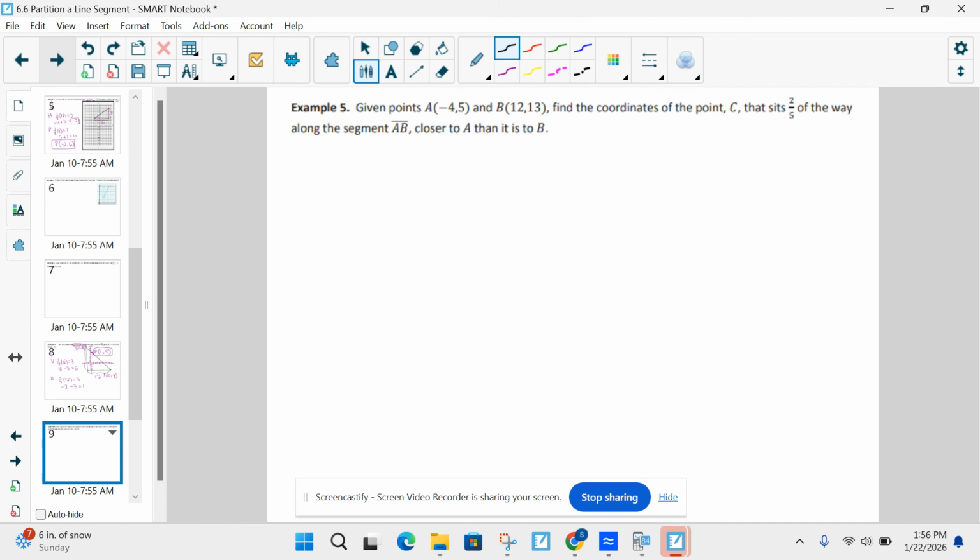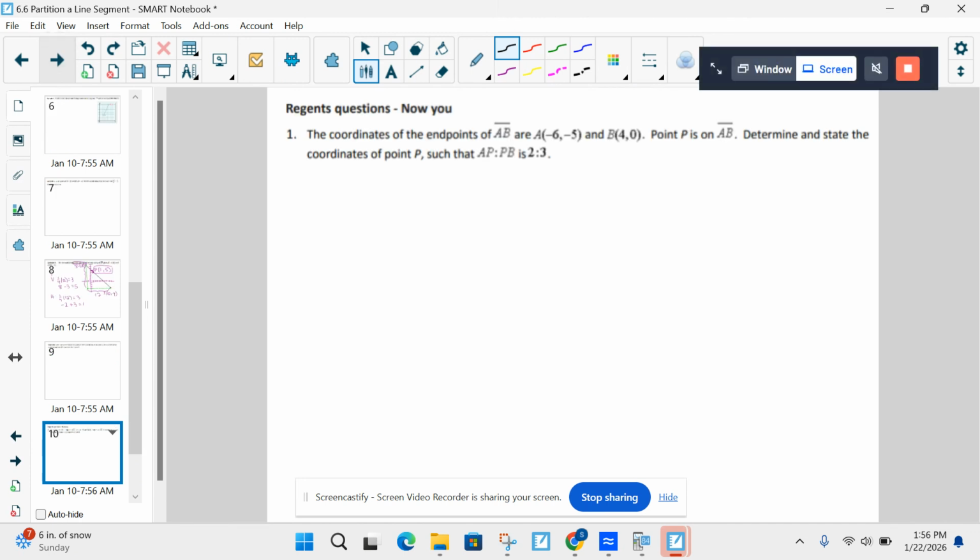Then figure out where your point would be if it was only 2/3 instead of the whole distance. Okay, that makes sense. All right, we're gonna skip to number 1 next, where it says now you.